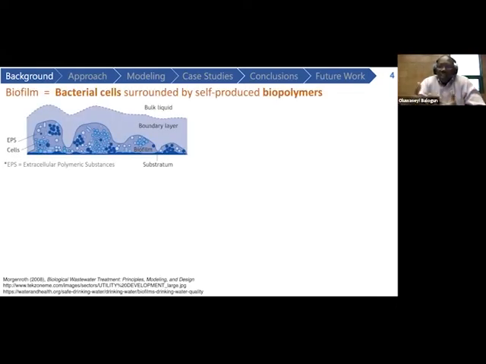So when they want to colonize a surface, they typically secrete a series of biopolymers, and these polymers include extracellular DNA, proteins, and polysaccharides, and these essentially encapsulate the bacterial cells, protecting them from chemical attack from the environment.